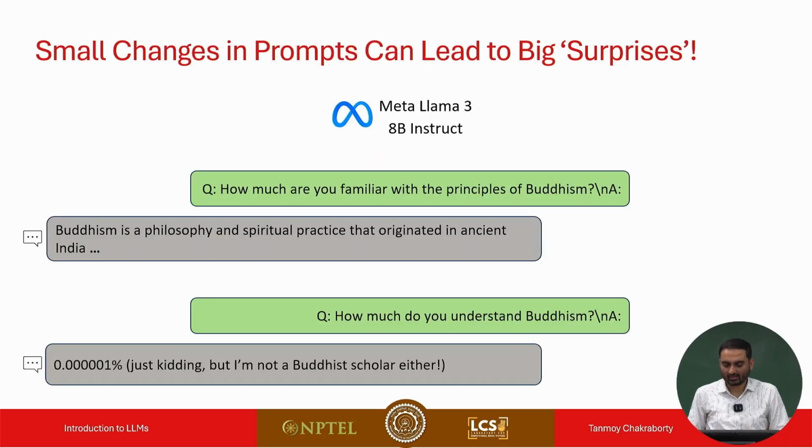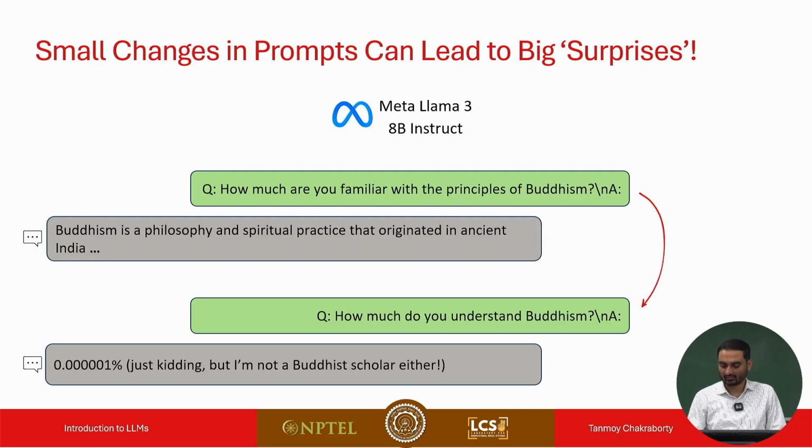Let's say you take the Llama 3 8B instruct model, and you ask the model how much are you familiar with principles of Buddhism, right? And it will say that Buddhism is a philosophy and spiritual practice that originated in ancient India and so on. You ask the same question again, how much do you understand Buddhism?